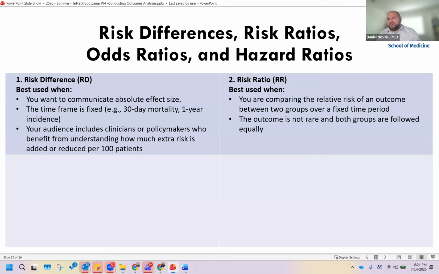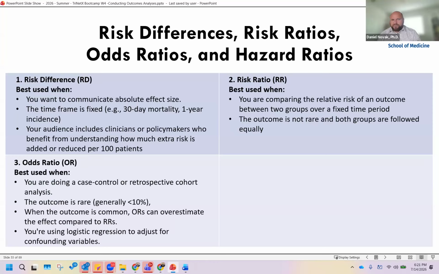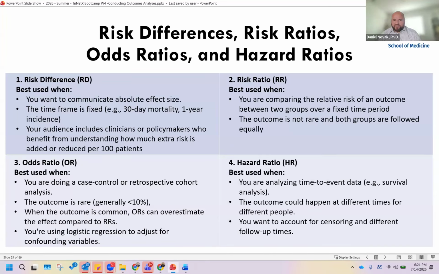And the reason that's important that the outcomes are not rare, meaning they happen more than 10% of the time, is that odds ratios can be a little more robust when things are rare, generally under 10%. When the outcome is common, odds ratios can overestimate the effect compared to risk ratios, and risk ratios can underestimate the effect. So that can be something important to consider when you are doing that.